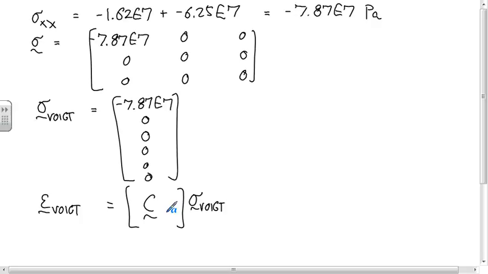If you have negative normal strains, you know that it's becoming contracted. If you have positive normal strains, it's expanding. By the way, look at this one. Just from knowing physically what this means and what's going to happen because of this, what are going to be the signs of the values of the strain?